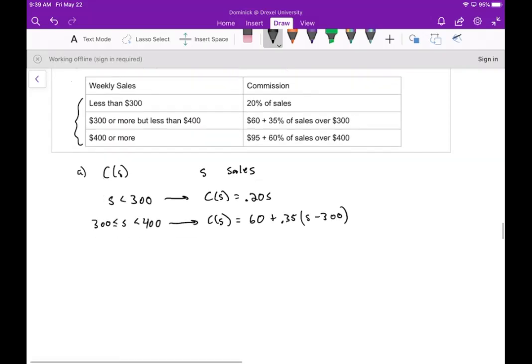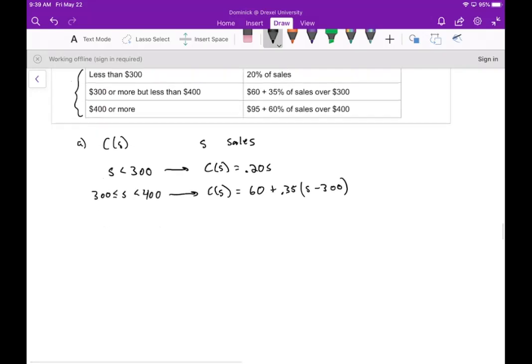So if you have, for example, 350, you went $50 over 300, and you could figure that out by just subtracting 300. And then finally, if S is greater than or equal to 400, then it's different. C of S is equal to 95 plus 0.60 times S minus 400.